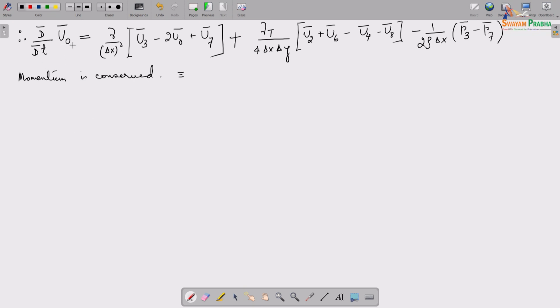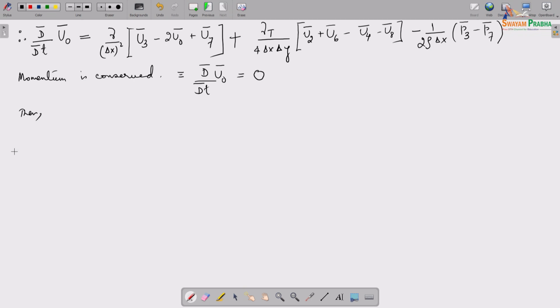Which means that the left hand side of this is actually equal to 0. In that case, what happens to the equation? I can just take the pressure terms to the right hand side.